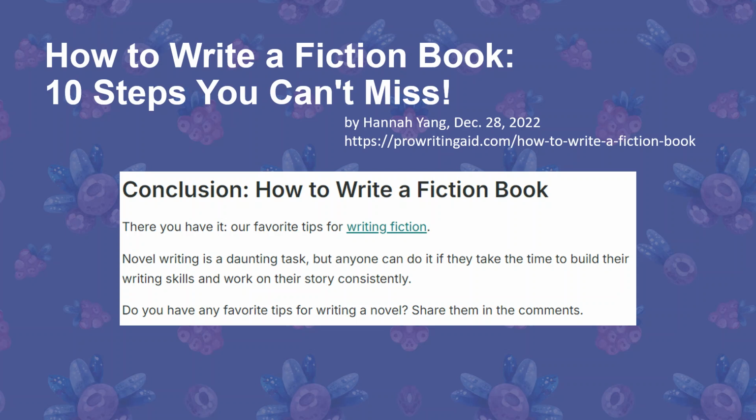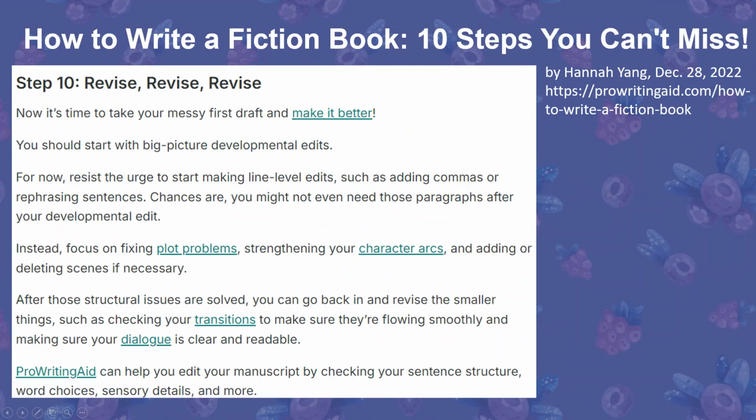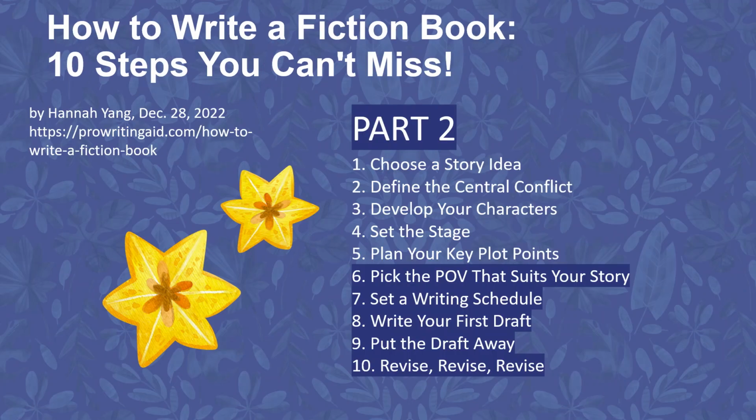So yeah, that was How to Write a Fiction Book, 10 Steps You Can't Miss by Hannah Yang on ProWritingAid, written December 28, 2022. And that was part 2. So if we go, please, can we go back? Yes, we can go back.